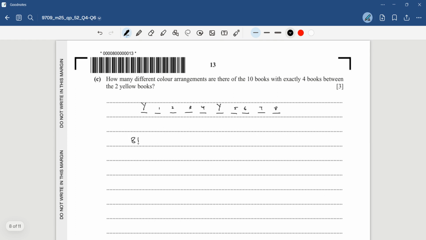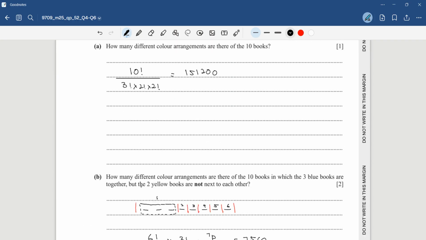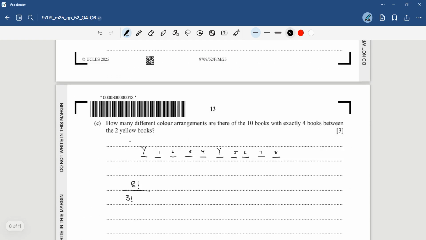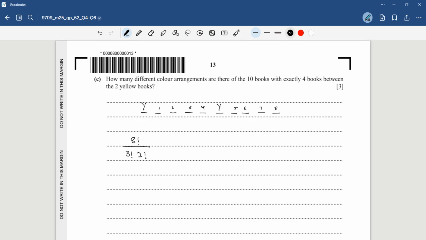There are 8 places I can arrange, and there are 3 and 2. So there are 3 blue books and 2 red books. Okay, but it's not the only way. So I can put yellow here. This is the first case. If let's say I put yellow here, so the next place I can put is here. So it's a second.